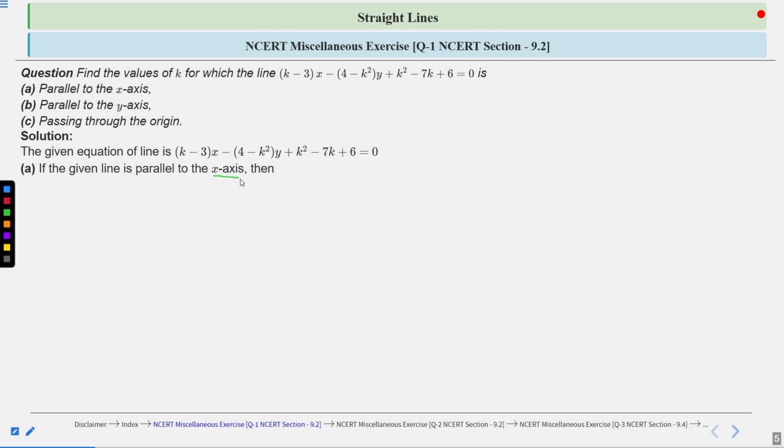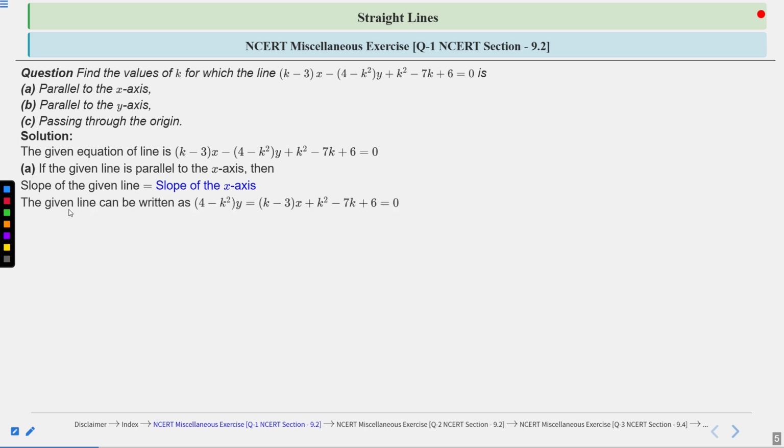If the given line is parallel to the x-axis, then the slope of the given line is the slope of the x-axis. I hope you all know what the slope of the x-axis is; we have studied that in our theory classes. So what is the slope of the x-axis?